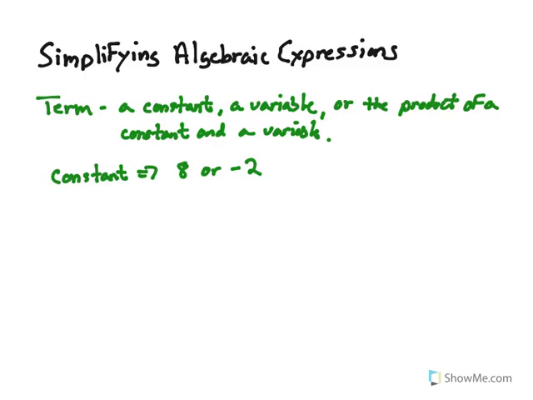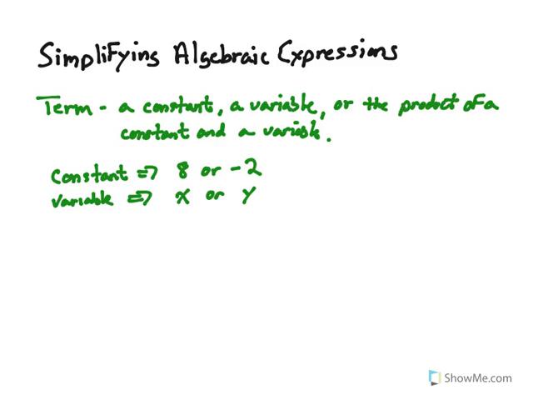They can be both positive or negative, it doesn't matter. Another thing it can be is a variable, for example, x or y. That could be a term. So x is a term, y is a different term, just like 8 is a term, -2 is a different term. But they're the same type of terms.